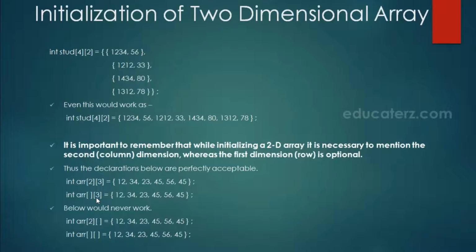But the column number is mandatory, otherwise the compiler will not be able to decide how many rows it should have. So the declaration where the column is skipped is not valid. So these two declarations are not valid. This way we can have initialization of a two-dimensional array.